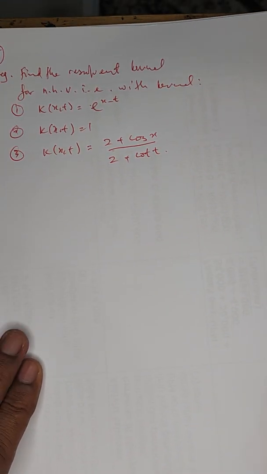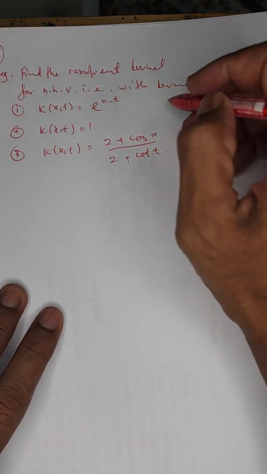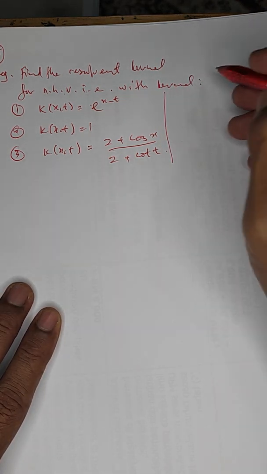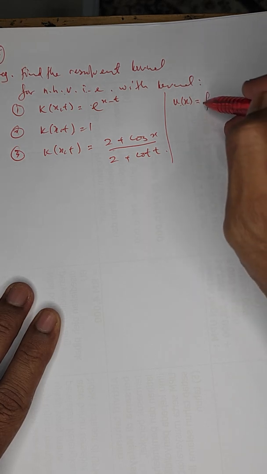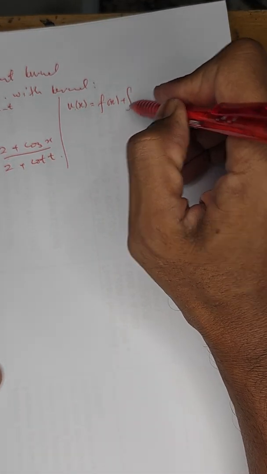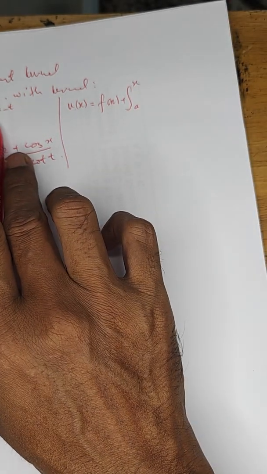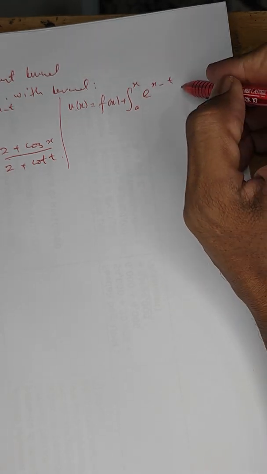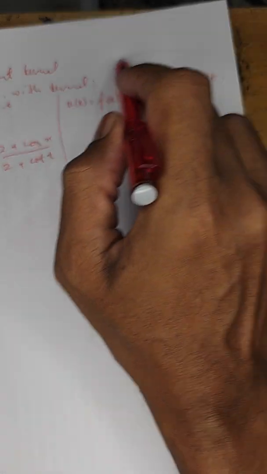Alright, so this kernel is the kernel of the non-homogeneous integral equation, meaning that a non-homogeneous Volterra integral equation is given as u(x) is equal to f(x) plus the integral from some number a to x, where k is given here, e^(x-t) f(t) dt.